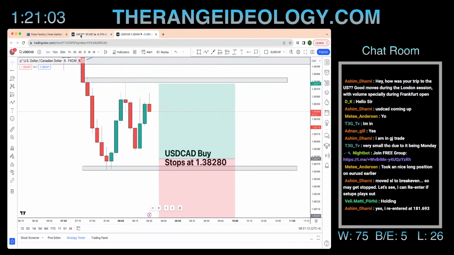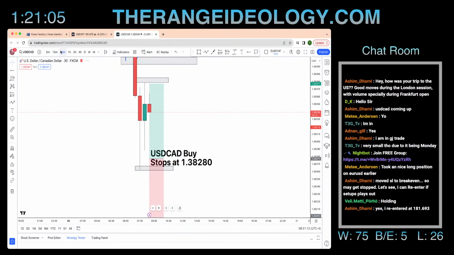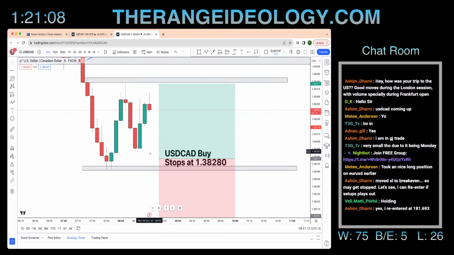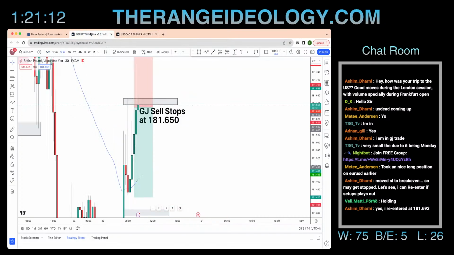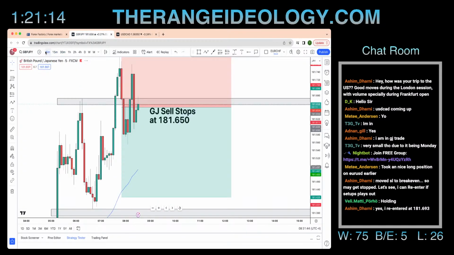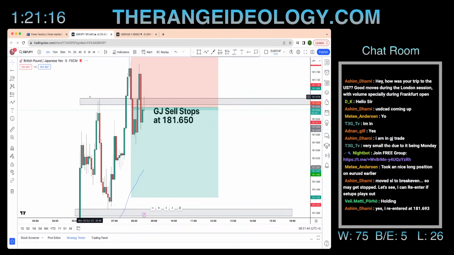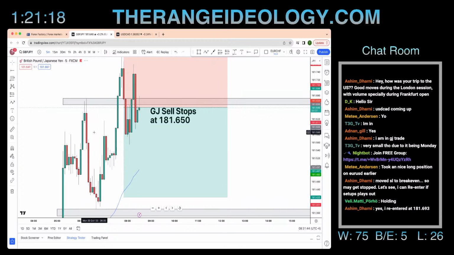And here's USD CAD. If it does indeed give us that drag all the way down here, fill up the non-wick candle here and continue down, then these setups could be valid here, right? And GJ, again, right around the break-even point again, came right back down again.